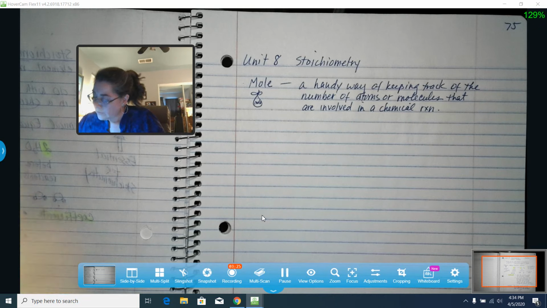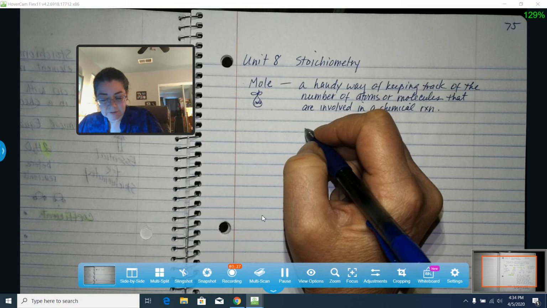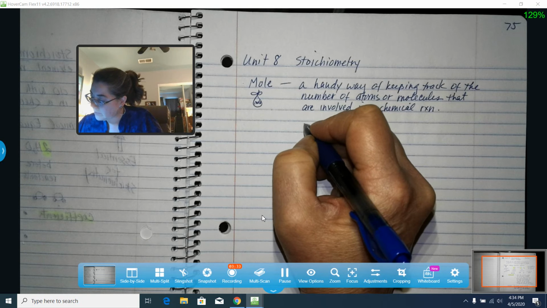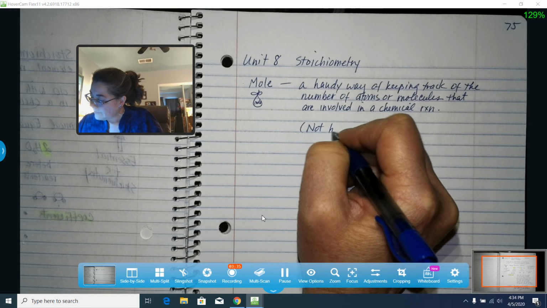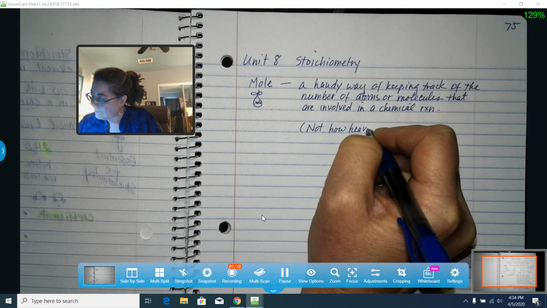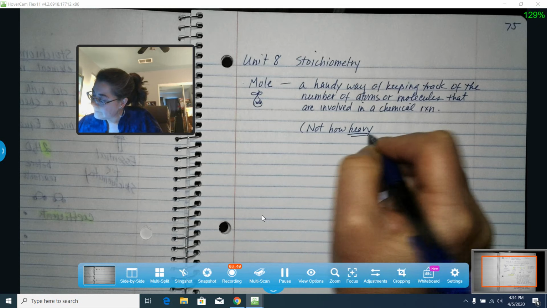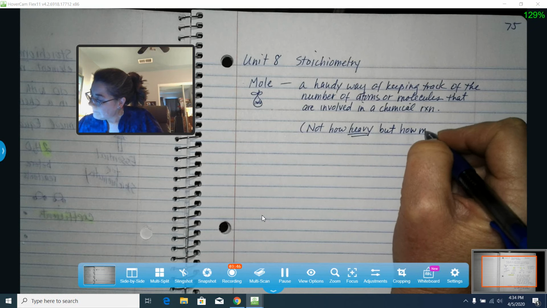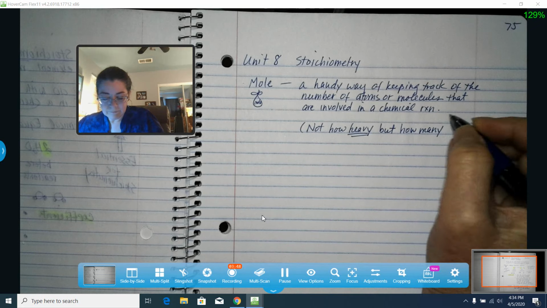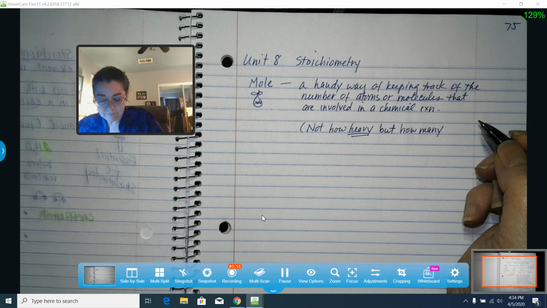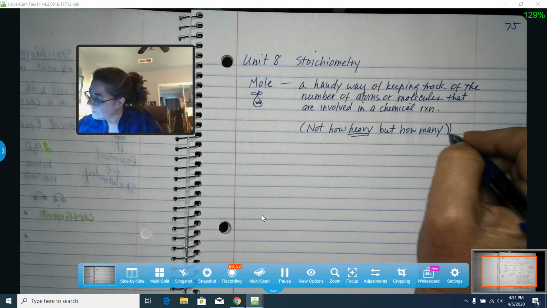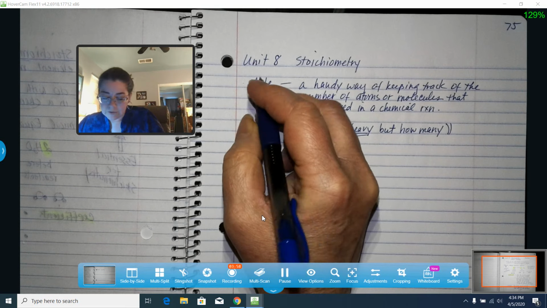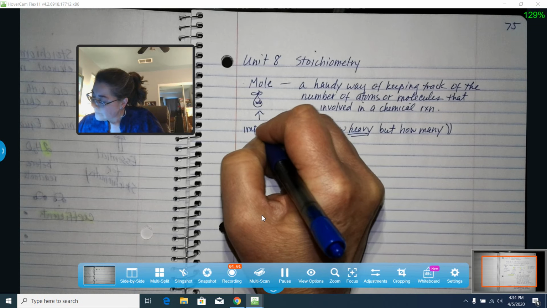Okay, and what's important to remember about this is a mole is not talking about how heavy something is, so not how heavy, but how many. Okay, that's what a mole tells you. Not how heavy, but how many. And this mole is important in stoichiometry.